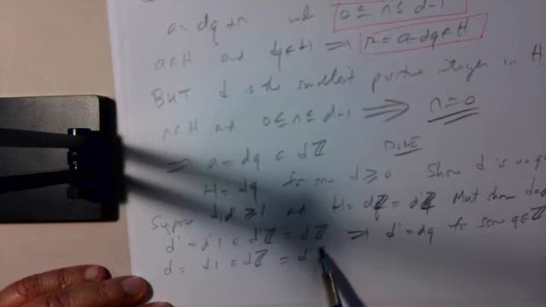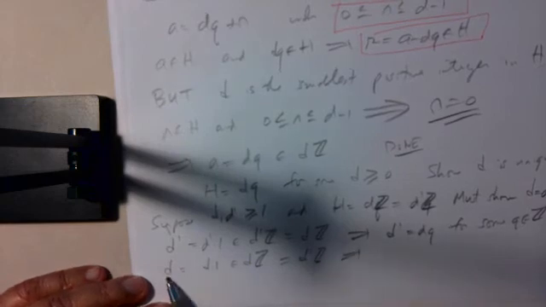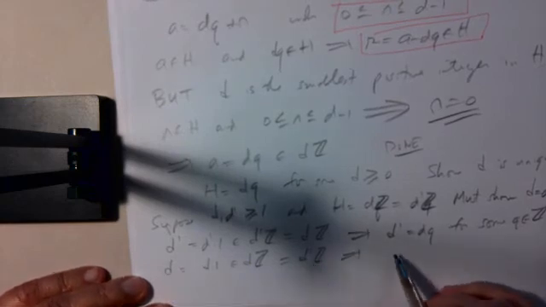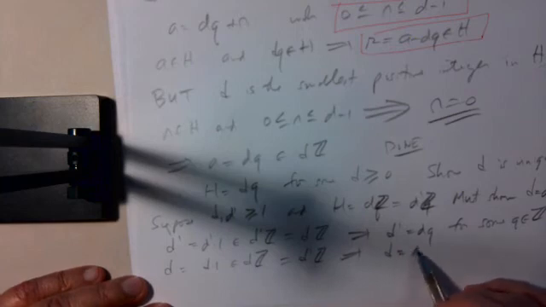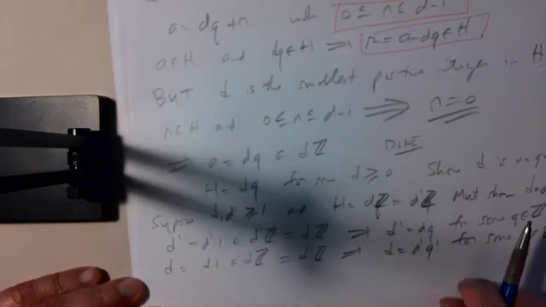And similarly, D, which is D times 1, is in the set DZ, which is D prime Z. So that says D is a multiple of D prime. So D is some D prime times Q prime for some integer Q prime.